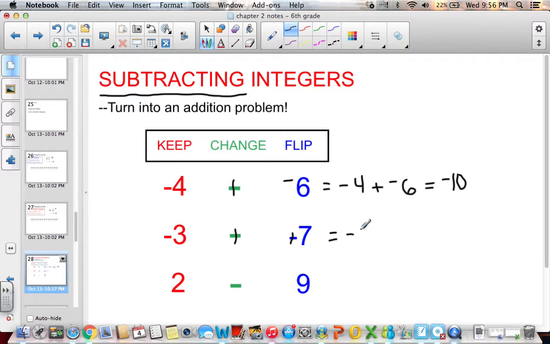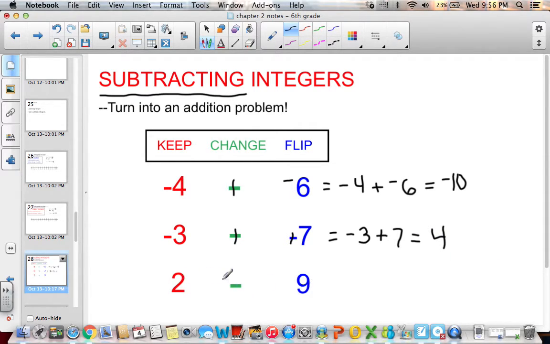I'm going to rewrite it to keep myself neat and organized. -3 plus 7, I know that -3 plus 3 is 0, and then I have 4 more to get to 7, so I end up with 4. Or 7 minus 3 is 4, 7 is greater than 3 and it's positive, so we keep it 4.